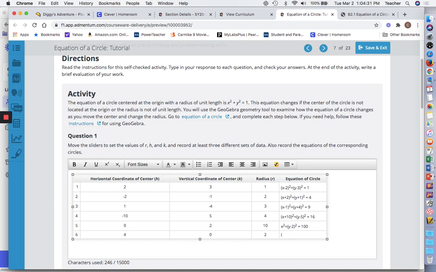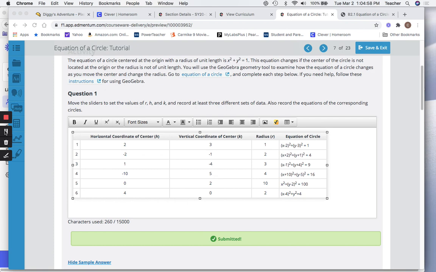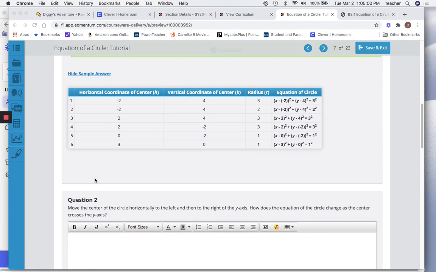That means it's going to be x minus 4 because they just changed signs. We don't put in a 0 for the k, so y squared, that is it. ACT is not going to put it there. The radius squared, 2 squared is 4. All right, so we submitted that. Yeah, they put some zeros in there.